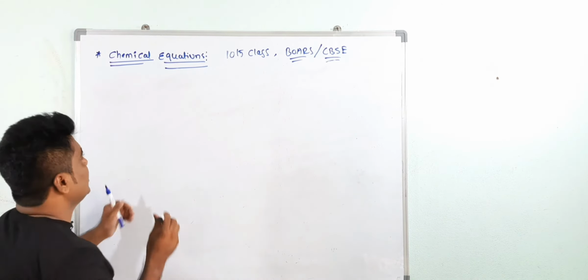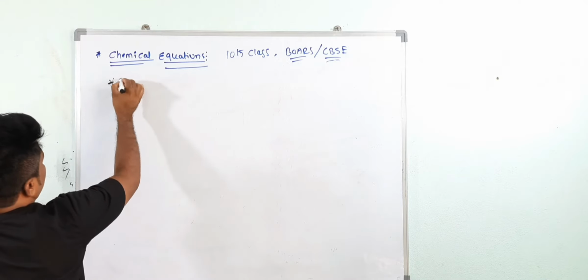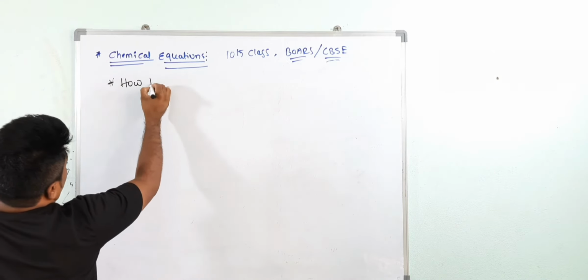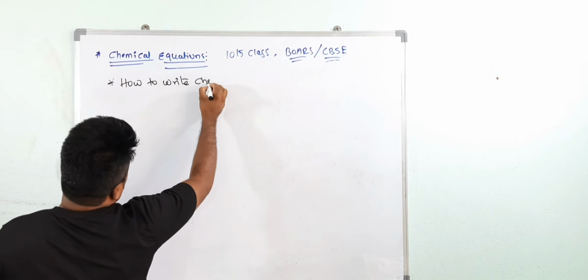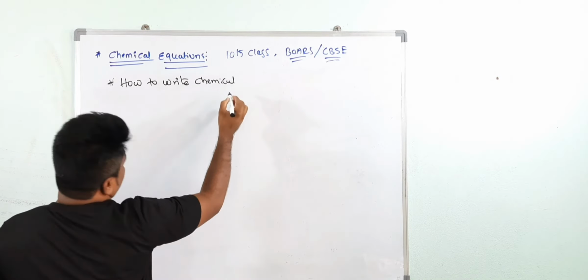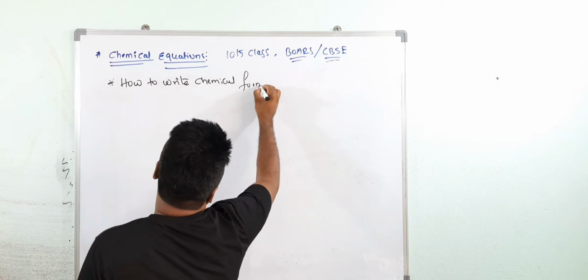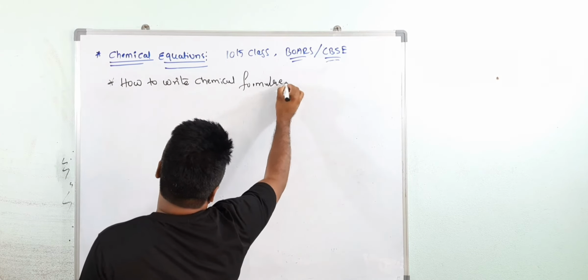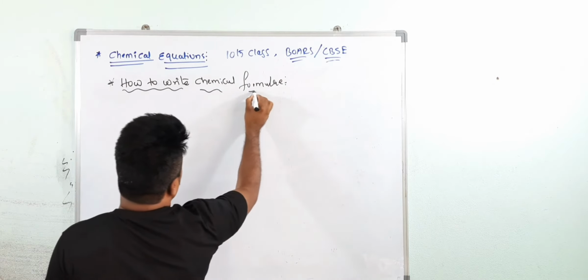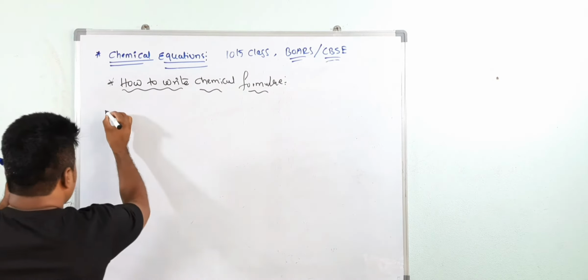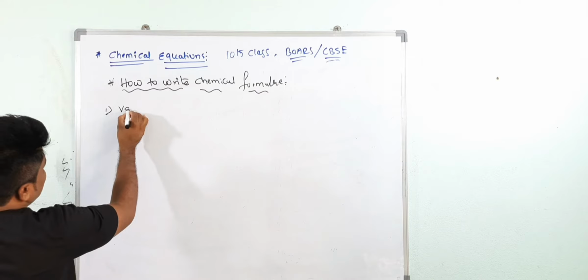Okay, now see here how to write a chemical formula. Before we write this, first you have to know what valency is.